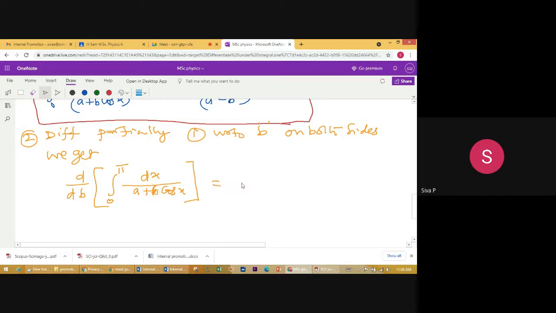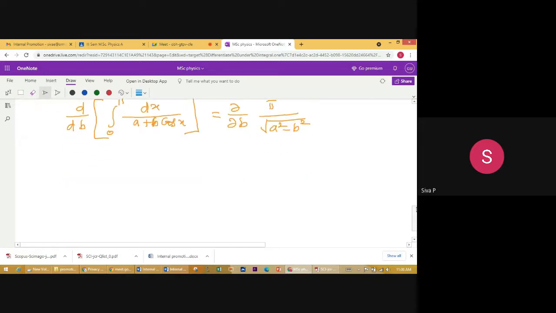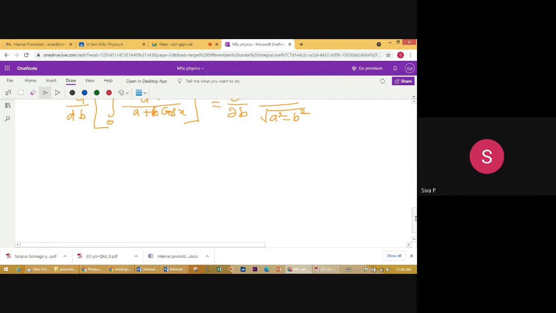So what about the right hand side? Right hand side, we have to differentiate with respect to b only. d by db of pi by square root of a square minus b square.